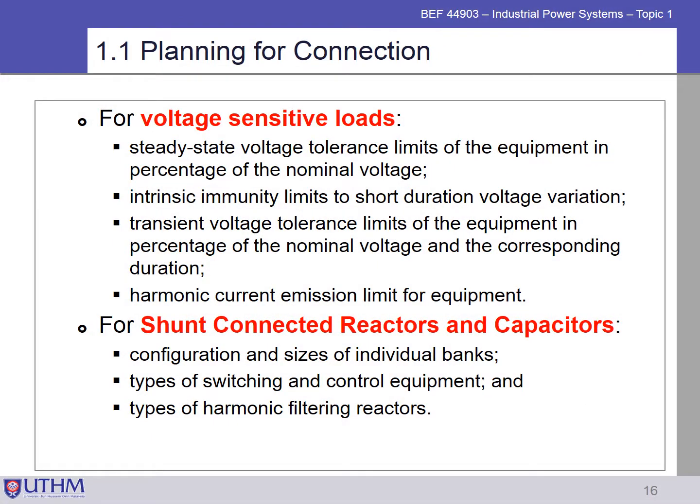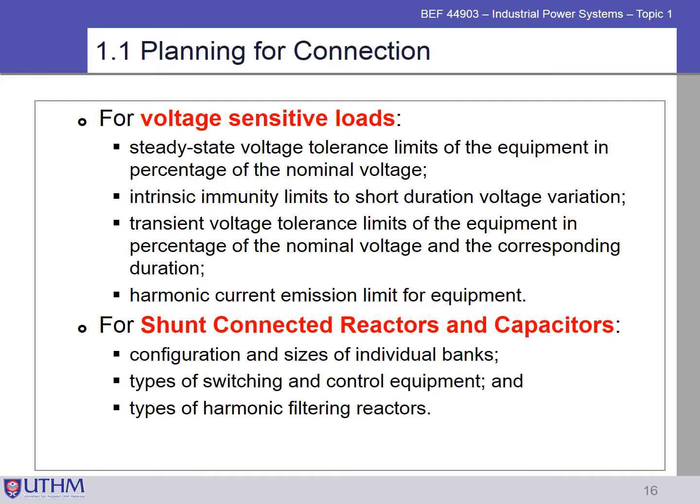Okay, for voltage sensitive load, we have to take into consideration the steady state voltage tolerance limit, intrinsic immunity limits to short duration voltage variation, transient voltage tolerance limits, and also harmonic currents emission limit for equipment.